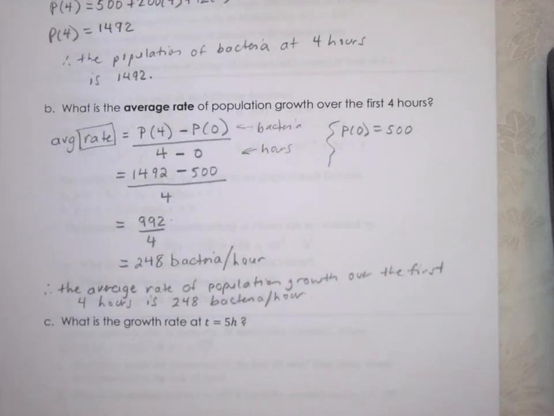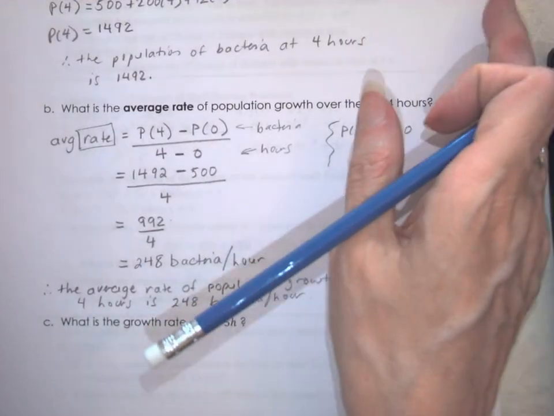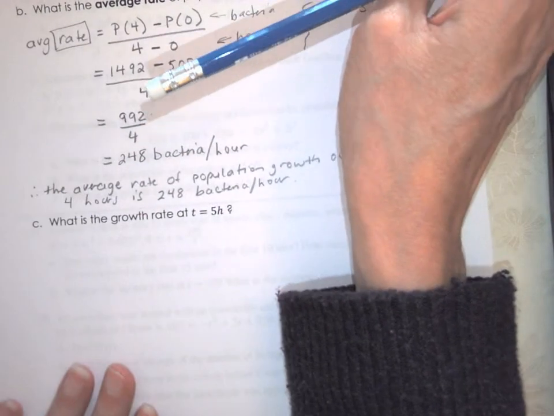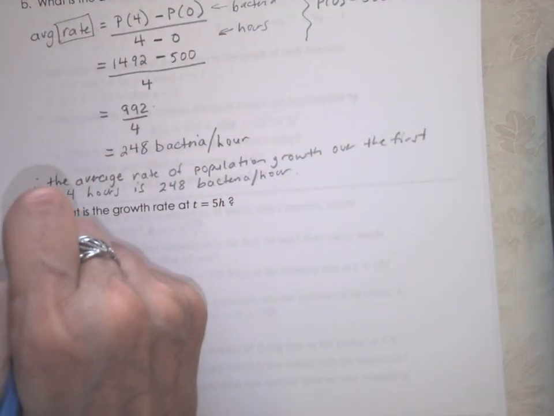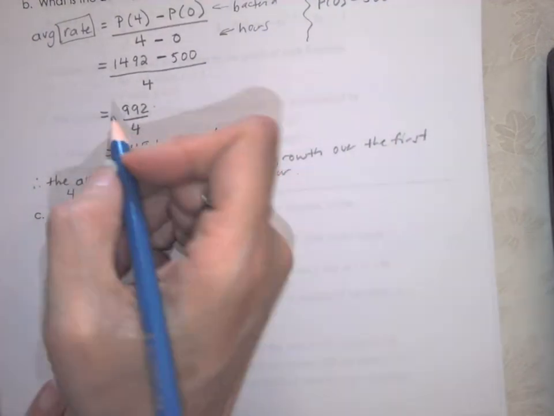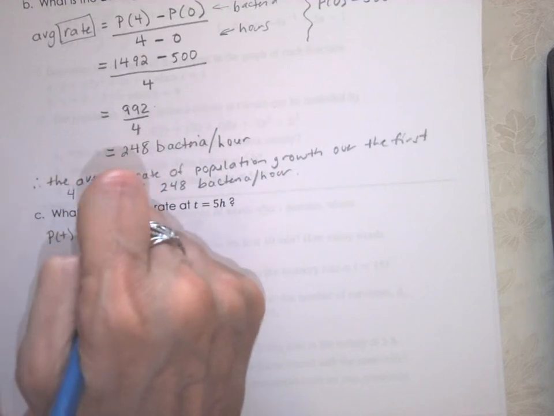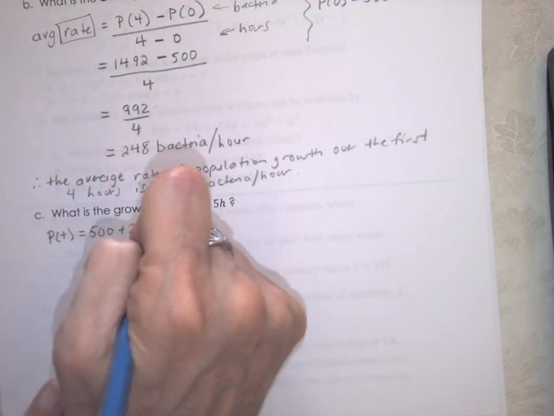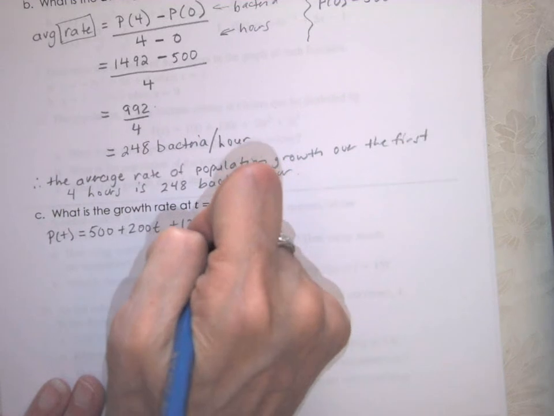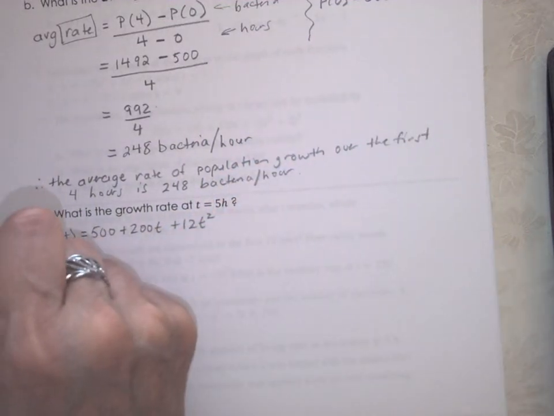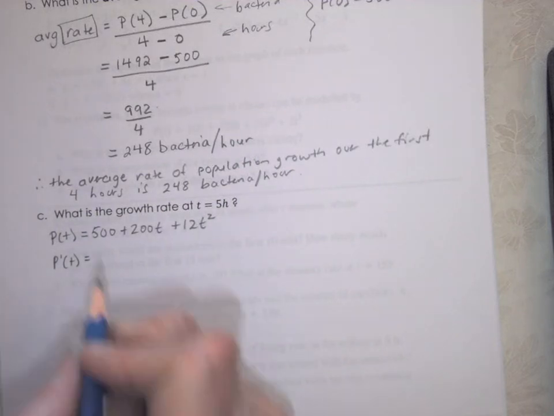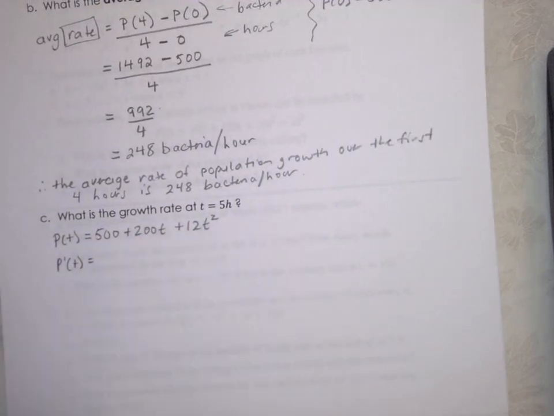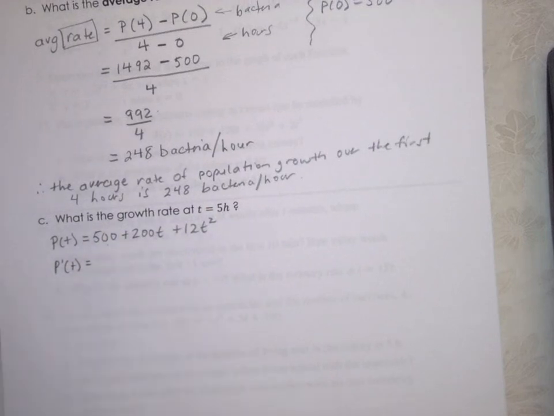And then what is the growth rate at t equals 5 hours? Okay, so I'm going to start off just recopying our function here. So population of bacteria at time t is 500 plus 200t plus 12t squared. Now I'm going to find p prime at t. So the rate of change, the instantaneous rate of change at time t is going to be the derivative. So the derivative of 500 is 0.